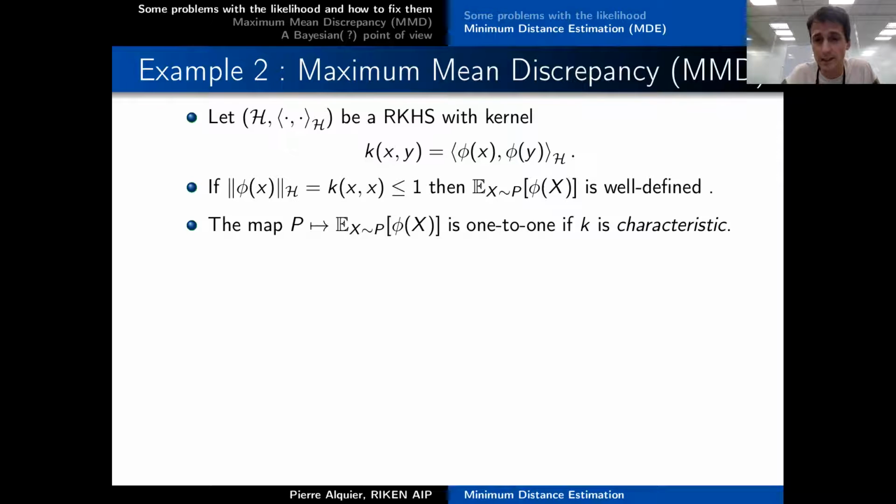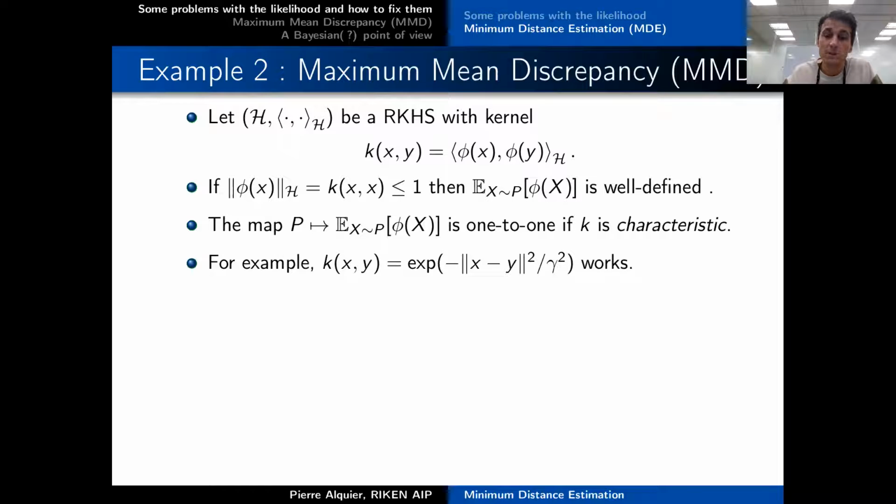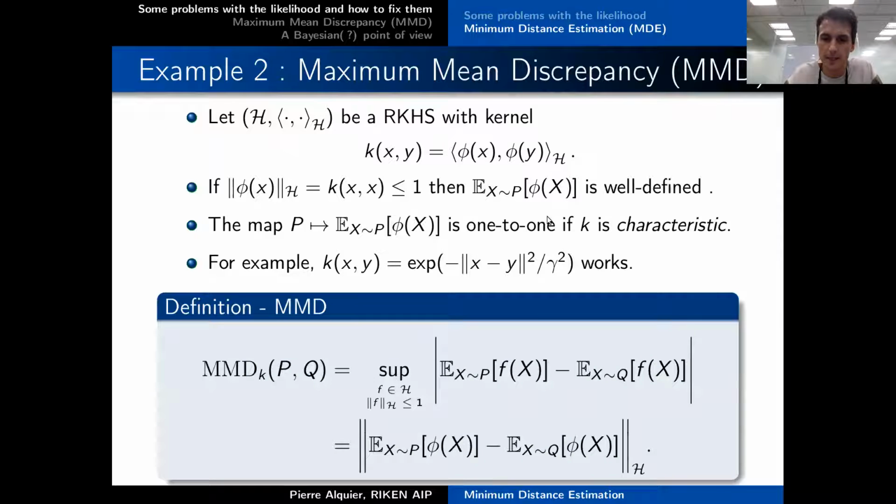So the integral probability semimetric is a metric in this case. And in case you're wondering about these properties, the most popular kernel, the Gaussian kernel, satisfies both: it's bounded by 1 and it's characteristic.